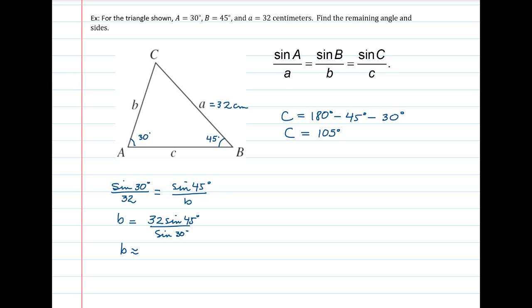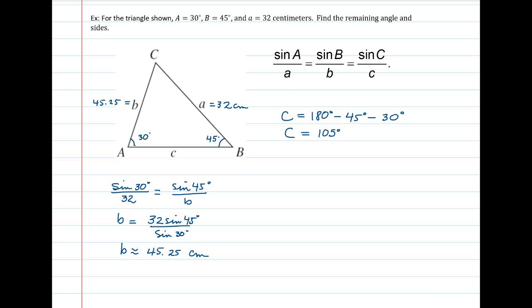Putting this in the calculator, b is approximately, and we'll round to 2 decimal places here, 45.25. This is centimeters because we just figured out side b. So that's side b, 45.25 centimeters.